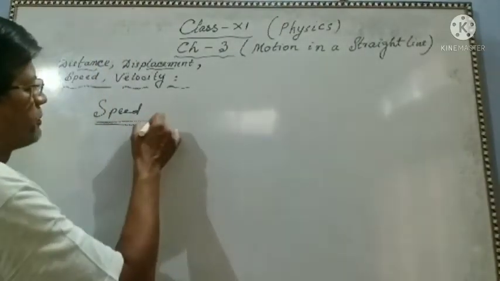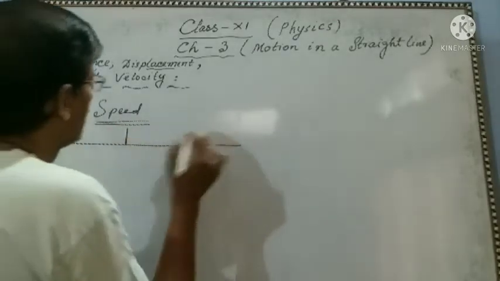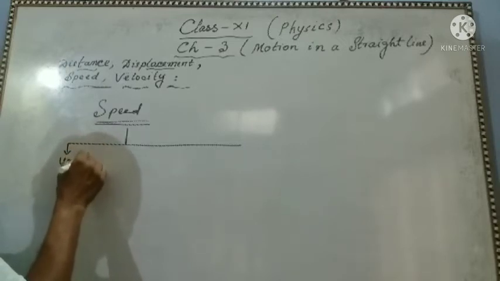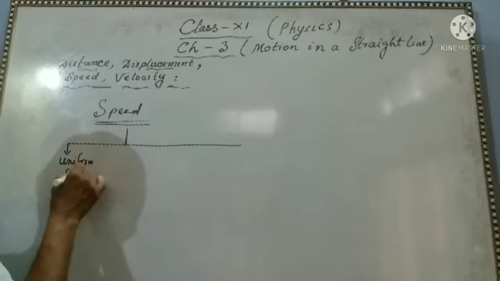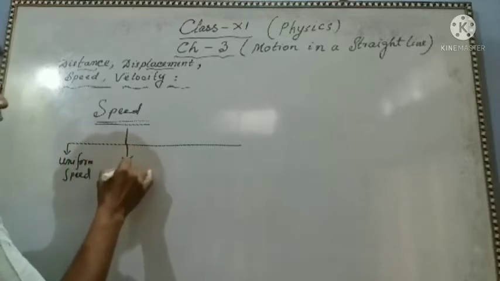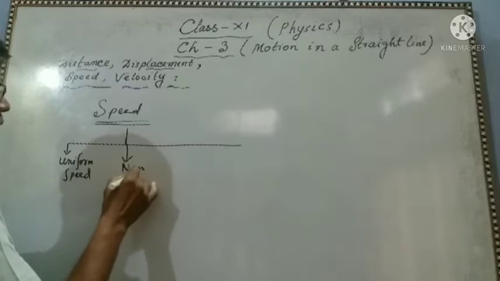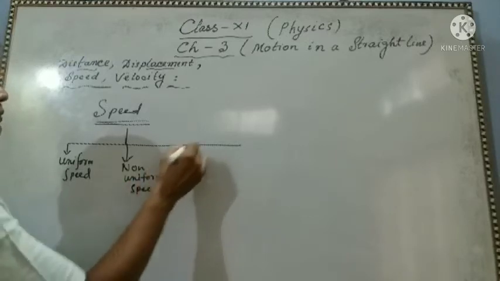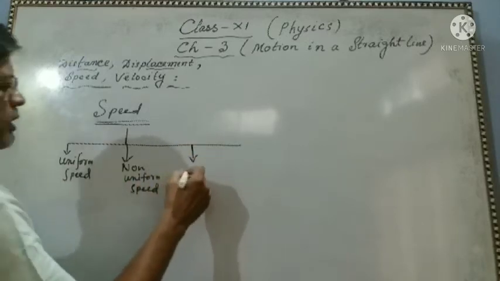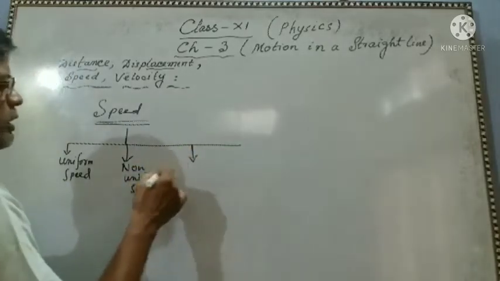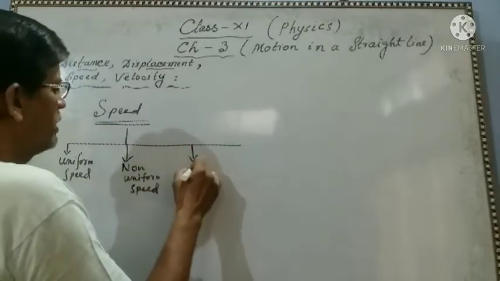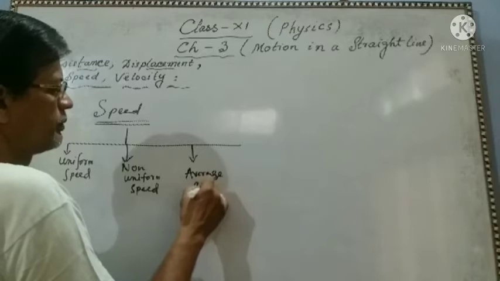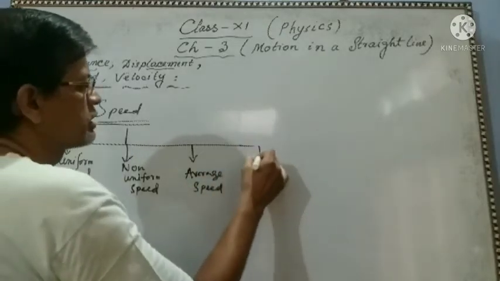And speed can be uniform speed, non-uniform speed, that means variable speed, and instantaneous speed, average speed.